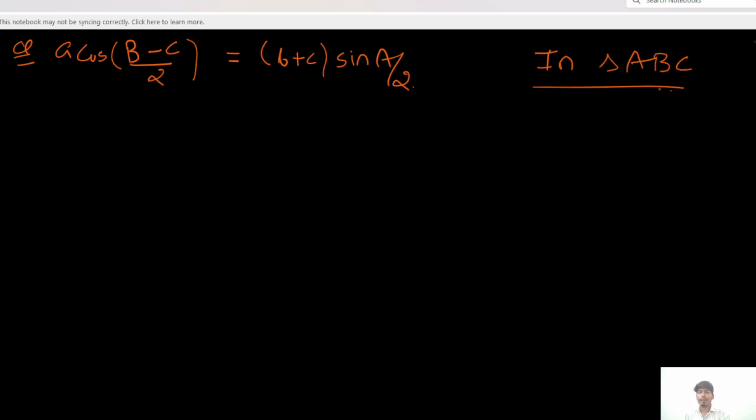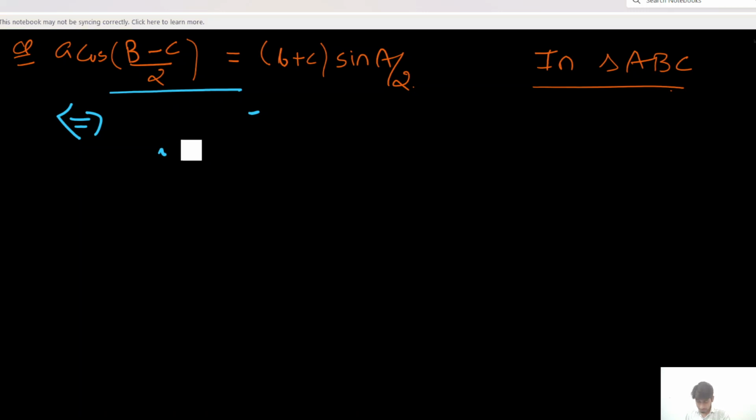Then the solution. If we have to prove this, it is equivalent to proving a upon b plus c equals ... b plus c upon a.